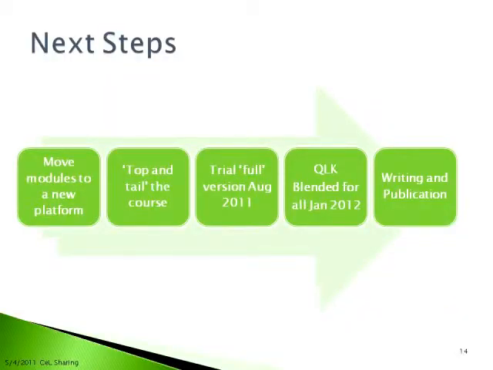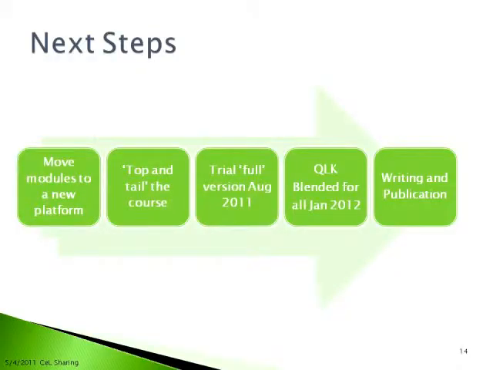The course still needs to be topped and tailed because it's got the body but it hasn't got the start and the end. So next semester we're going to trial a full version, probably again with about 140 or so students. If that goes okay, then the plan is to go for the whole lot from January 2012.